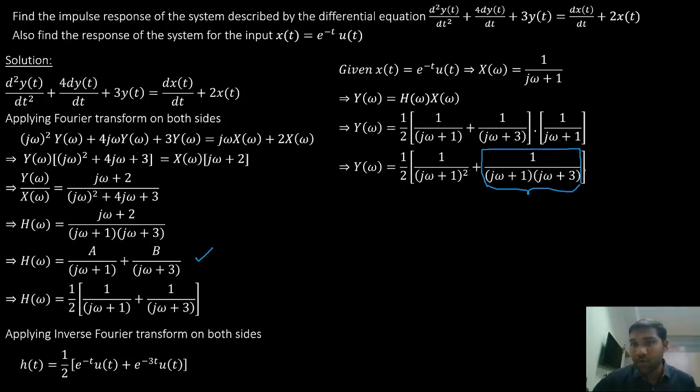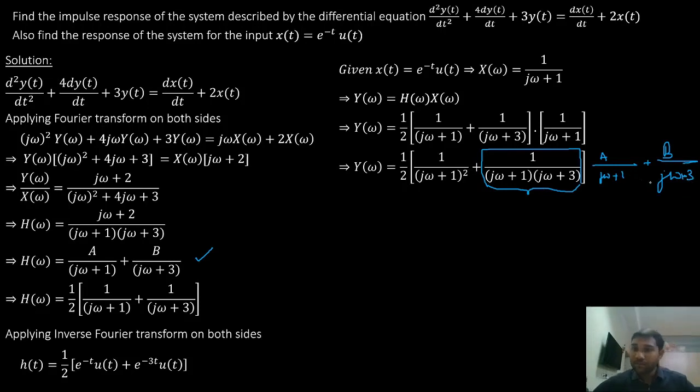Suppose I write this as a by (j omega plus 1) plus b by (j omega plus 3), right?